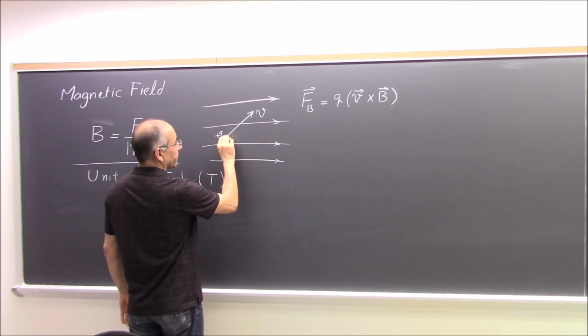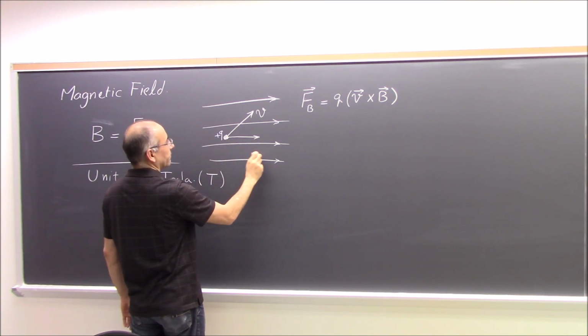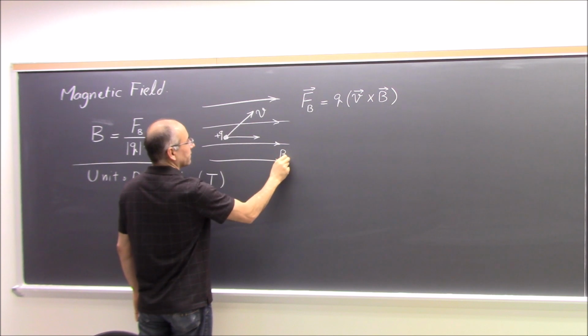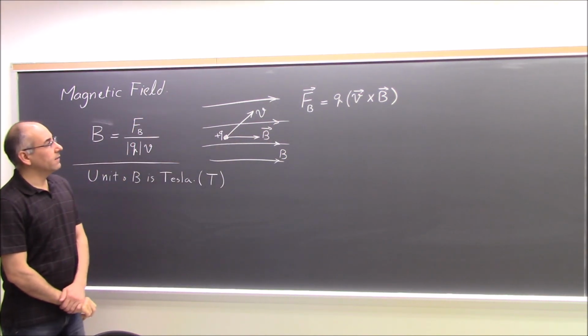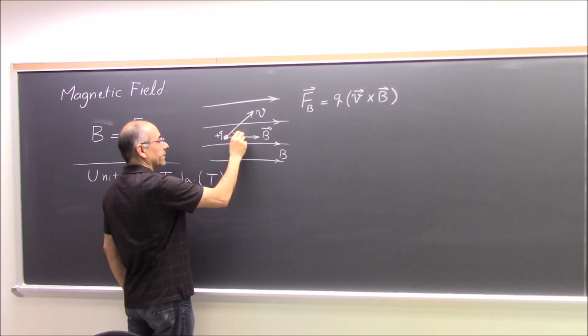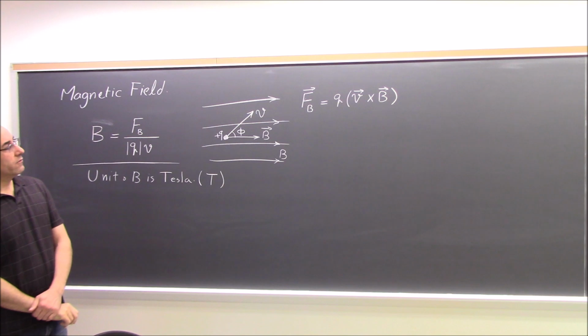At this point, the B field is this way, parallel to the magnetic field lines. This is B, so this is the B vector at this point. And the angle between the velocity vector and the B vector is phi.